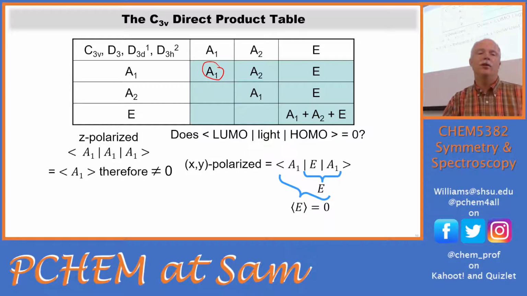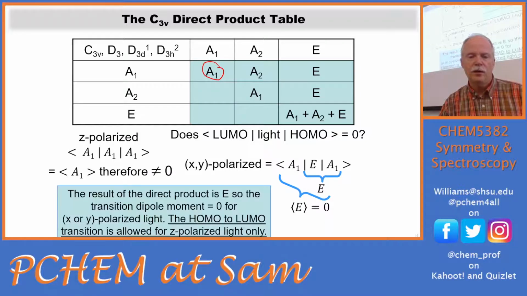So XY polarized light will not cause this transition to occur. So it is allowed for Z polarized light, but forbidden for X or Y polarized light. Any questions on this one? Okay.